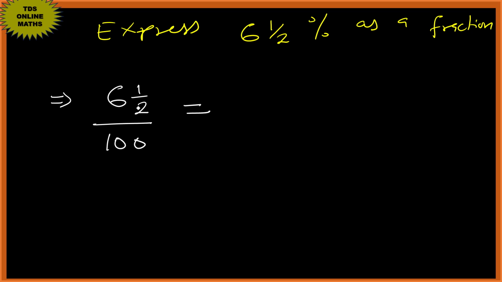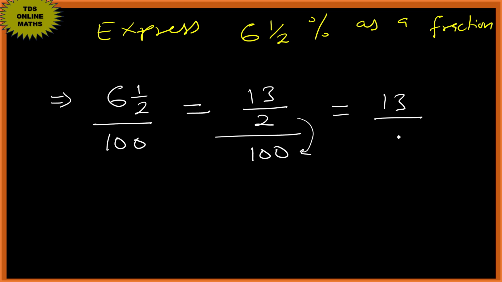So we can go ahead and change this. 6 to 12 plus 1, 13 on 2 all over 100. So these two will multiply. So we have 13 on 200. So I think that is the final answer. We can't do any cancellation.